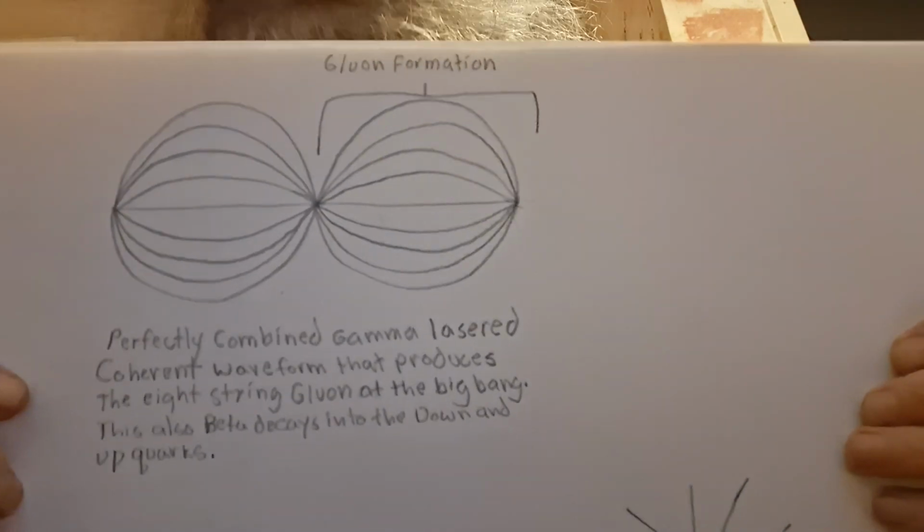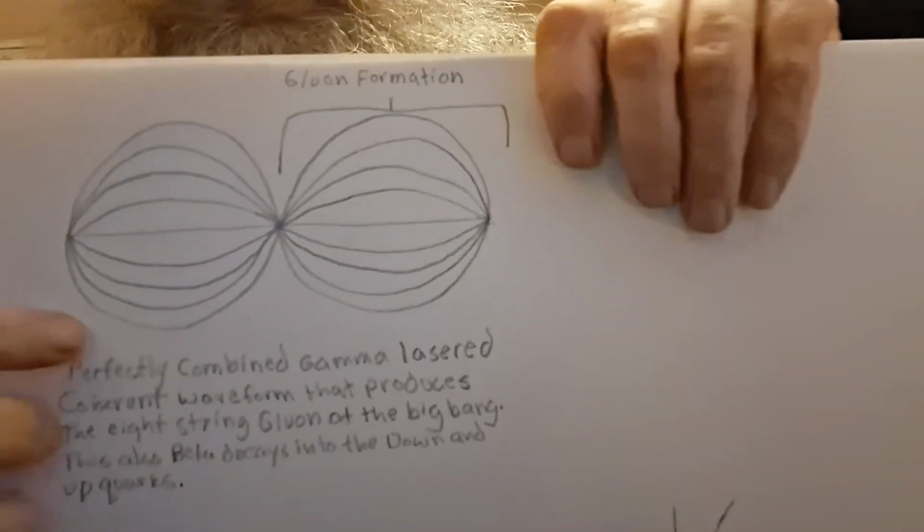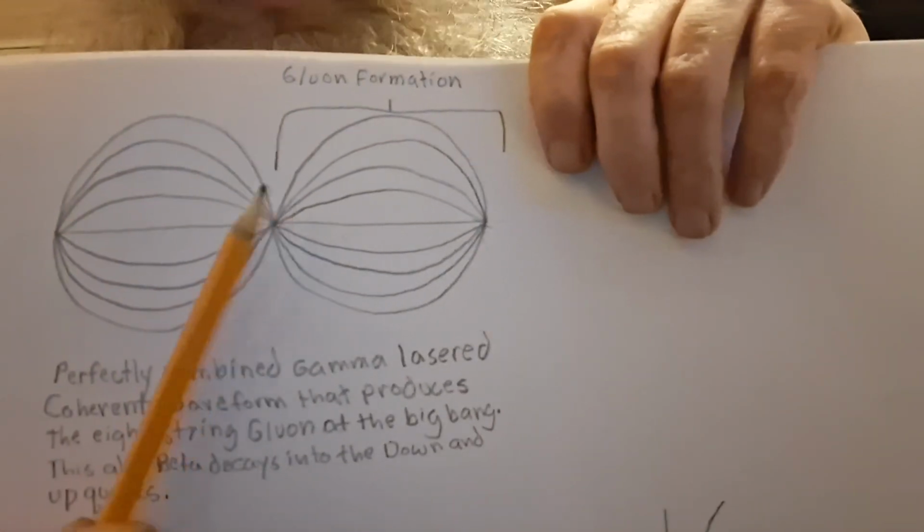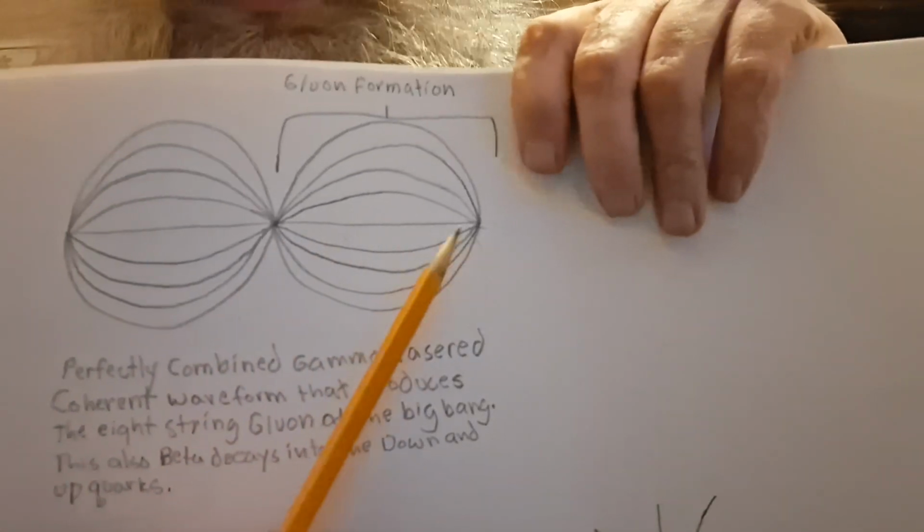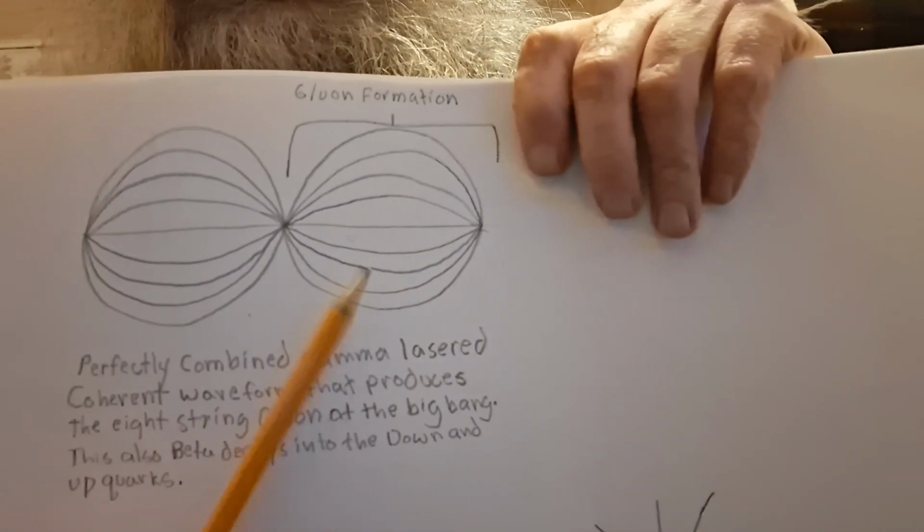This is the waveform that produces them. This is where the gluon is produced. It's produced by fundamental strings.